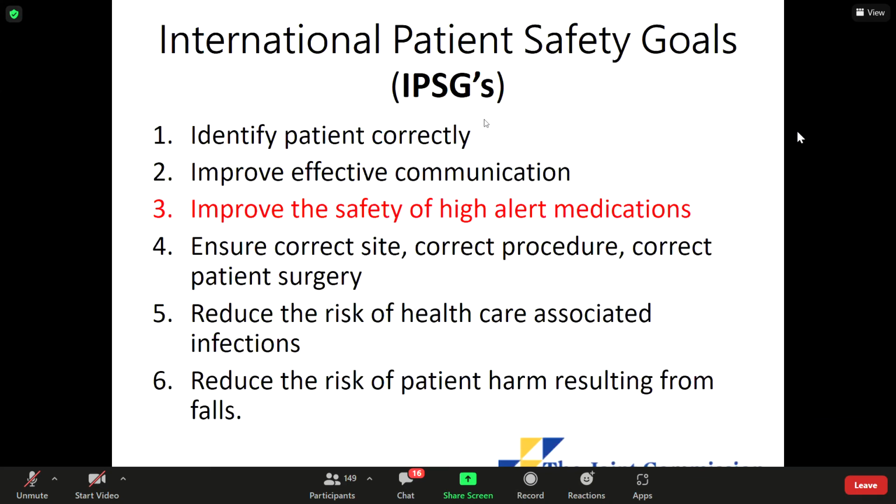Improve effective communication. How would you improve effective communication? Let's say you are a physician and I'm a nurse. I'm going to get your order by phone. How am I enhancing the effectiveness of that conversation? Any idea about effective communication?